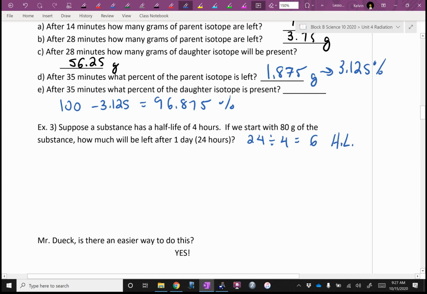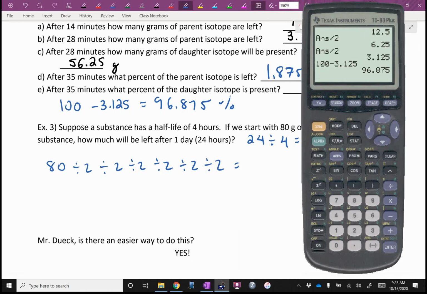I'll use HL as my abbreviation for half-lives. So how many times am I going to divide by 2? 6 times. So it's going to be 80 divided by 2, that's once, twice, 3, 4, 5, 6.